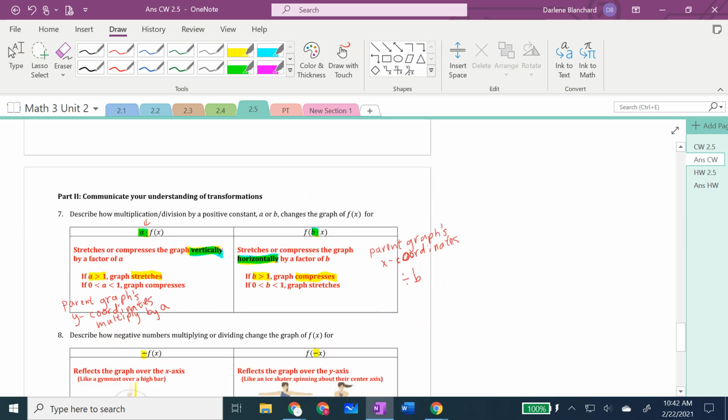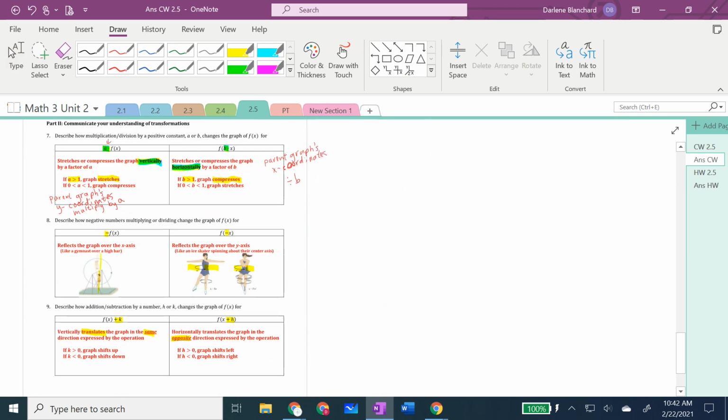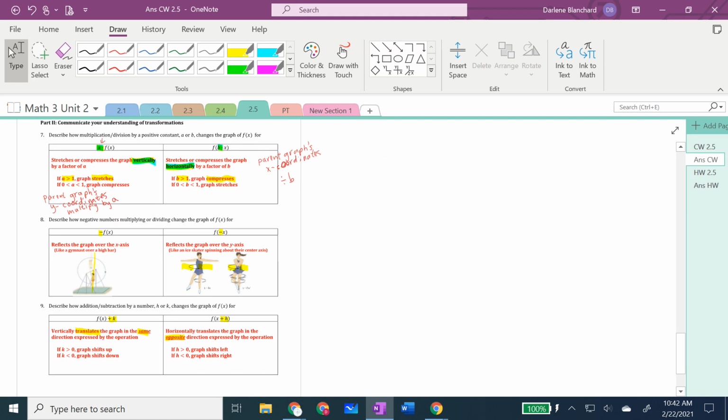And that is, you can really combine all of this into, if it's an operation outside the function, do that operation to the y coordinates, keep x the same. But then in the right column, if the operation is happening inside the function, do the opposite of that operation to the x's and keep the y's the same.